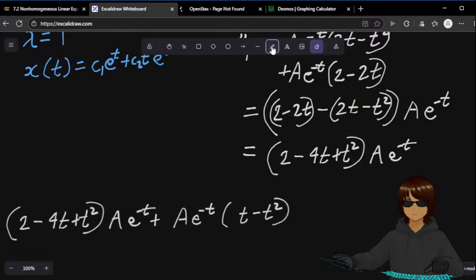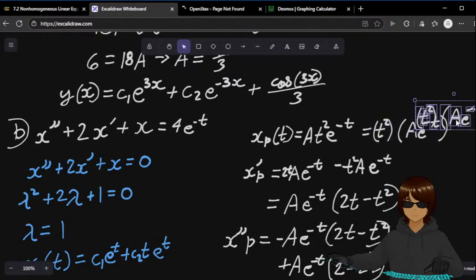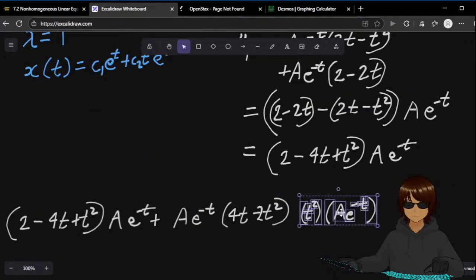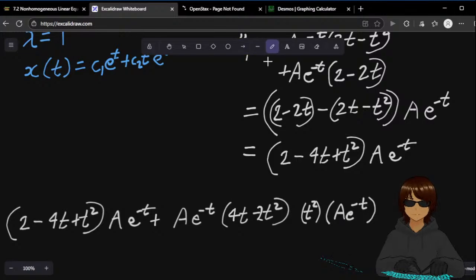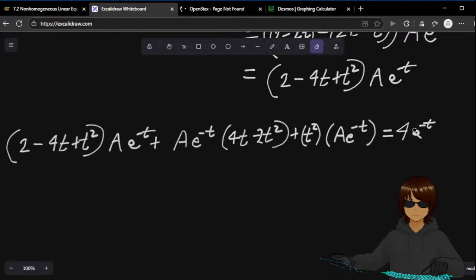So I will have 4 and minus 2, and then plus x. So a times e to the power of minus t.